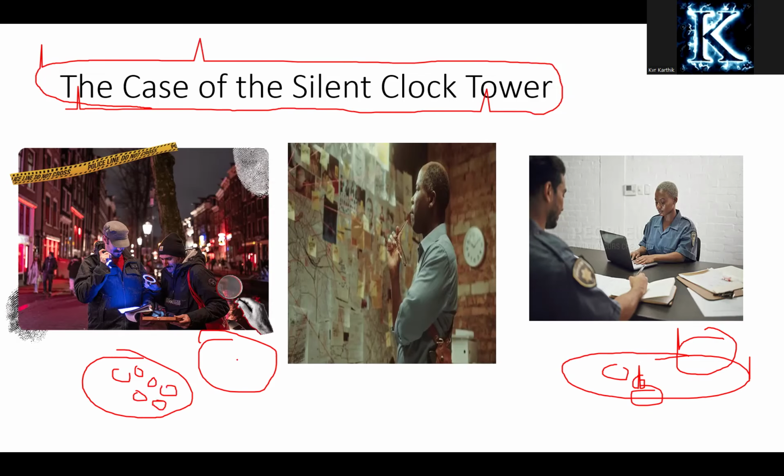If there is any issue with the clock, all the people are going to start or stop working. That means the people are directly proportional to the time in the clock. So if the clock stops, the people will stop working. This is the general strategy in that city.